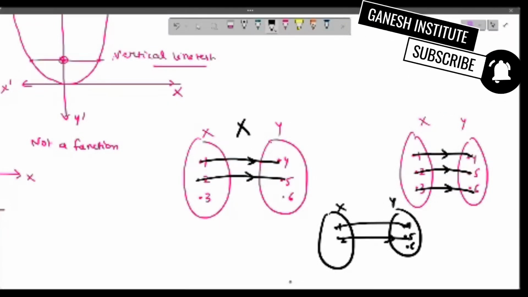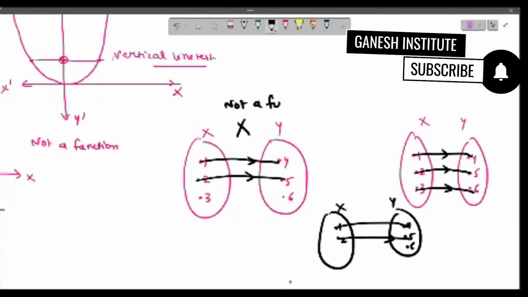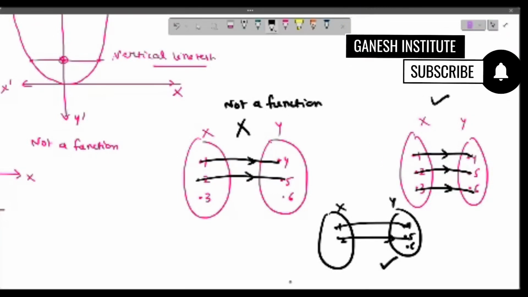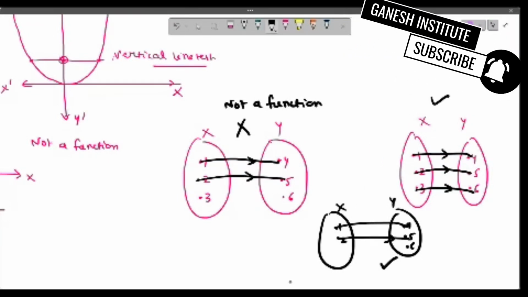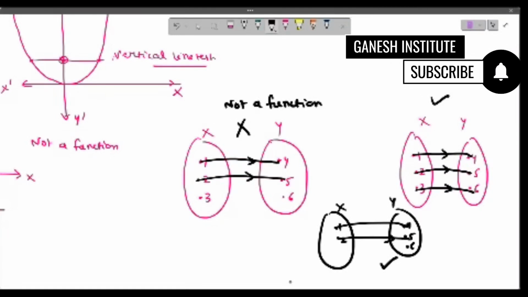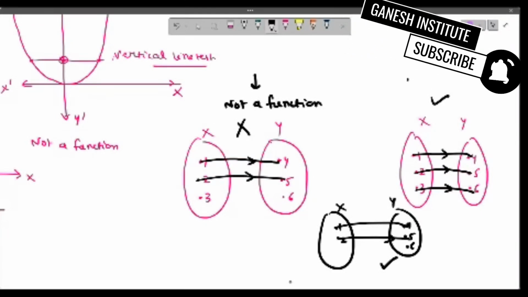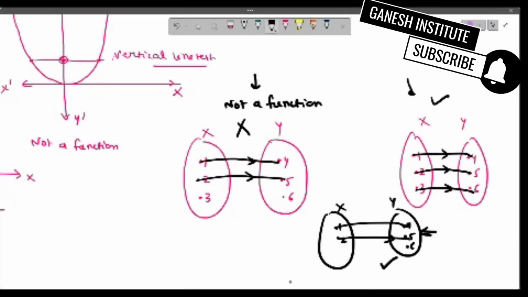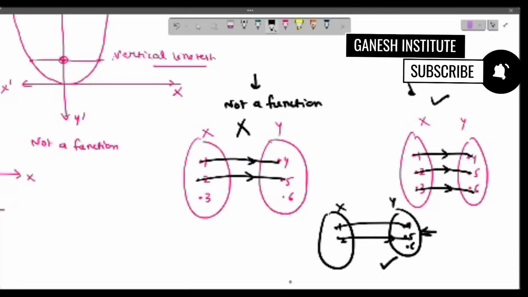So this is not a function. These are. Can you tell me what is the condition which is not making this case a function, but these are functions? Observe.